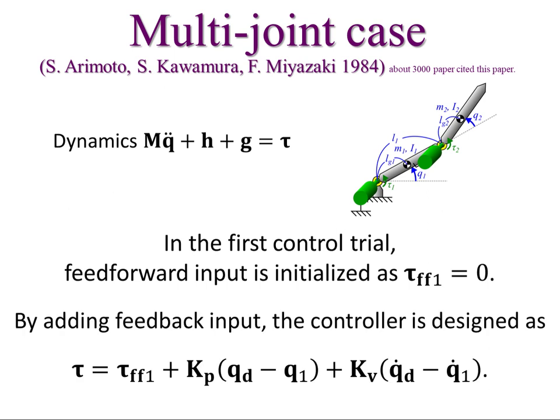The actuator torque vector tau is designed in this way using the feed-forward torque vector and the error feedback terms. This is the same as the iterative learning and repetitive controller in the case of the single-joint robot applied to each joint of the multi-joint robot.